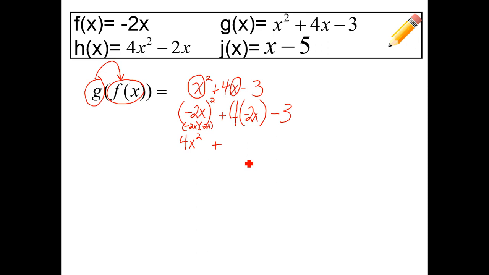Now the other term over here, I'm going to leave my plus sign there. 4 times negative 2x is negative 8x. And then I still have the minus 3. So the simplest way to write it is 4x squared minus 8x, and then again minus that 3. So the g function with the f function plugged into it works out to be this new function.